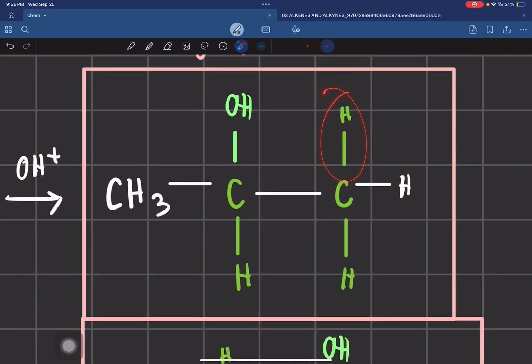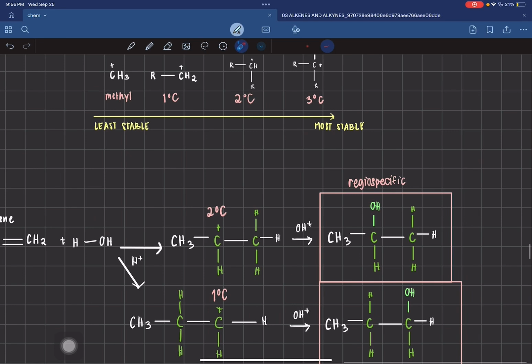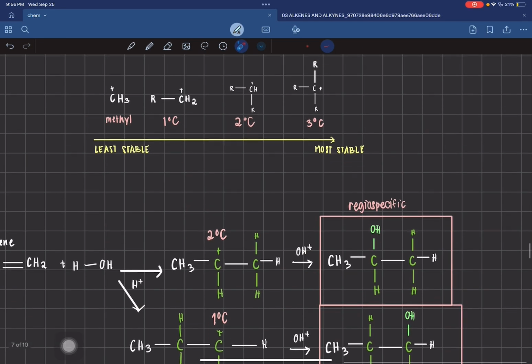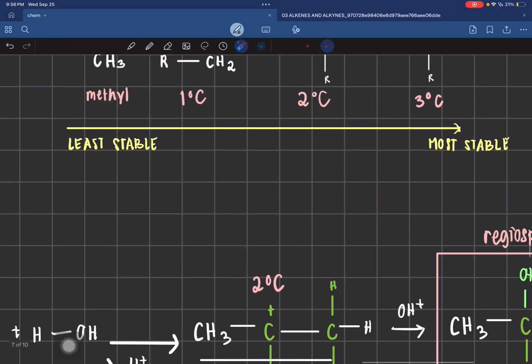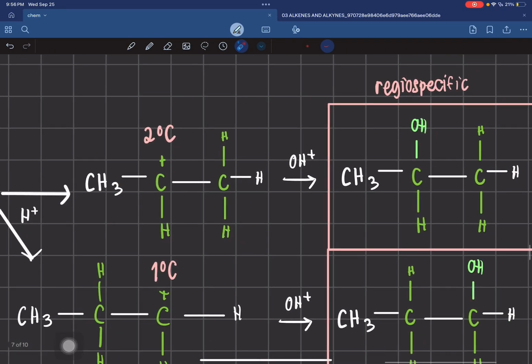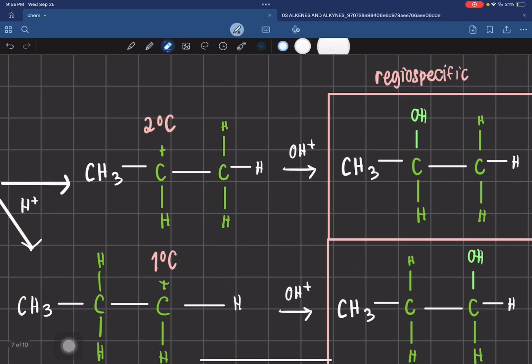Diyan siya kumabit. And then, sinabi rin natin kanina na pwede tayong mag-analyze ng Markovnikov's rule based on the classification of carbon. So, the higher the classification of carbon, doon kakabit yung ating electronegative na atom or polyatom. Right? So, in this case, yung OH, sorry, mali pala yung sign. This is supposed to be negative.